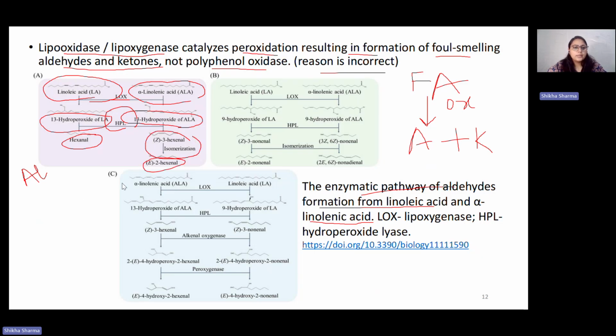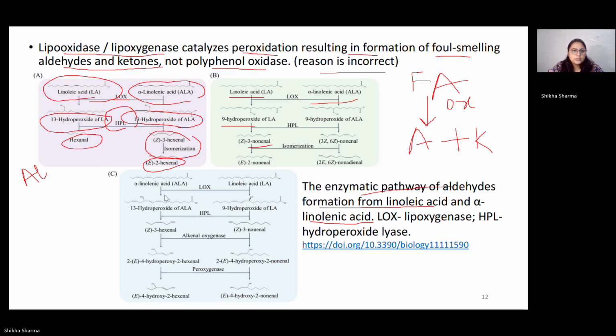That is the aldehyde form, which gives this foul smell. Sometimes linoleic acid can also convert into its 9-hydroperoxide form, and then into the aldehyde nonenal. The same happens with alpha linolenic acid: it is converted into 9-hydroperoxides by the lipoxygenase enzyme, and when the hydroperoxide lyase enzyme acts, it converts into nonenal, an aldehyde.